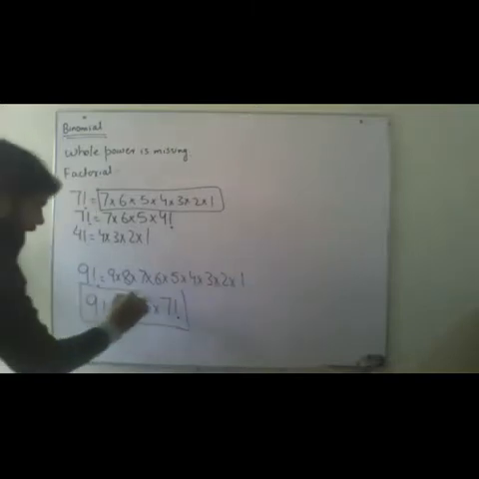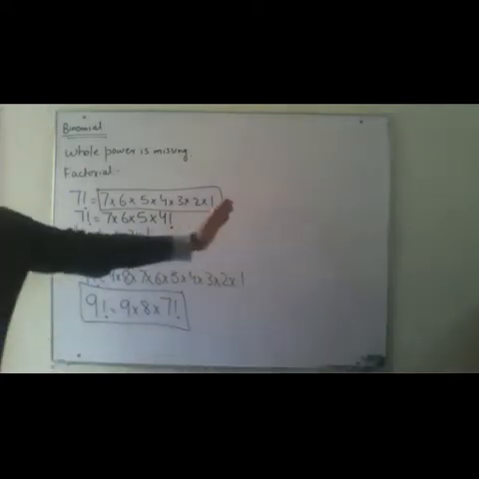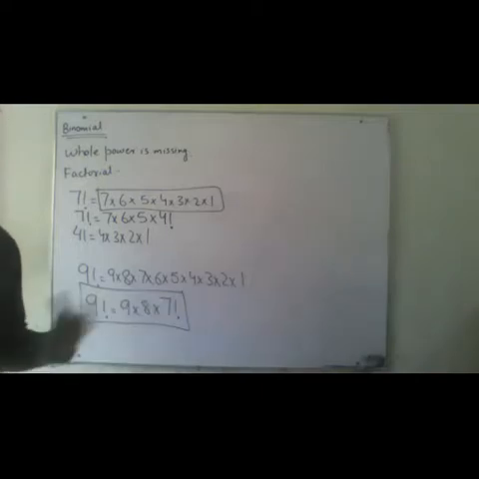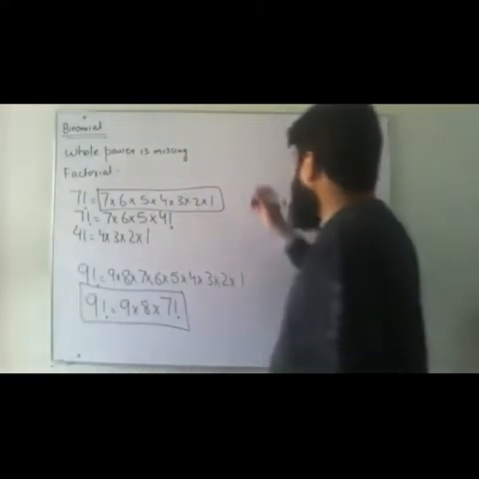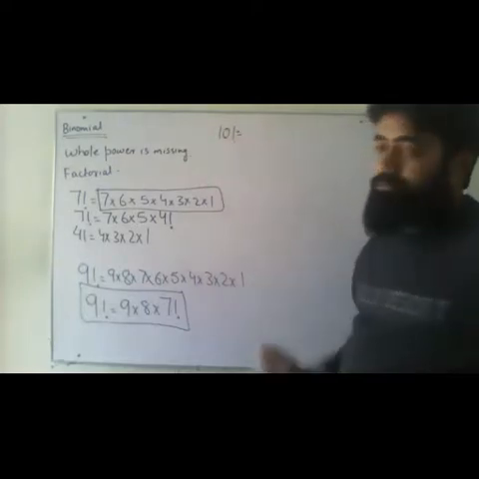It all depends on what your condition is asking for. If your condition is asking for the whole thing, you will expand it fully. Otherwise, at any point I can convert it into factorial form. Now, for instance, I have 10 factorial.